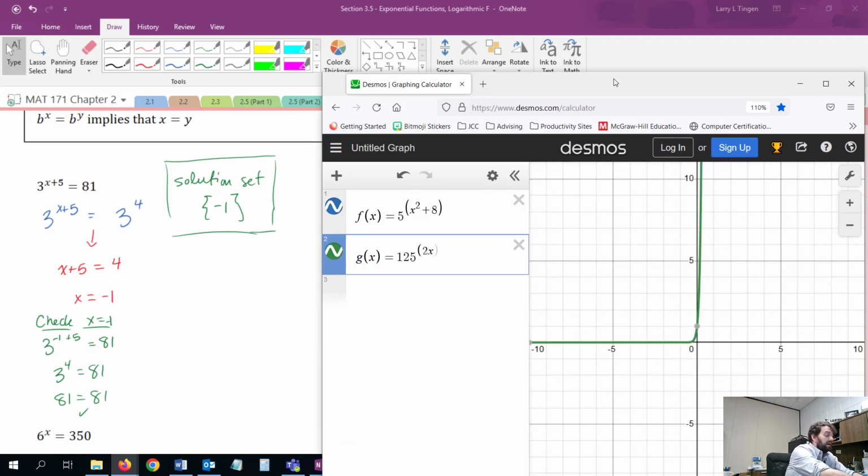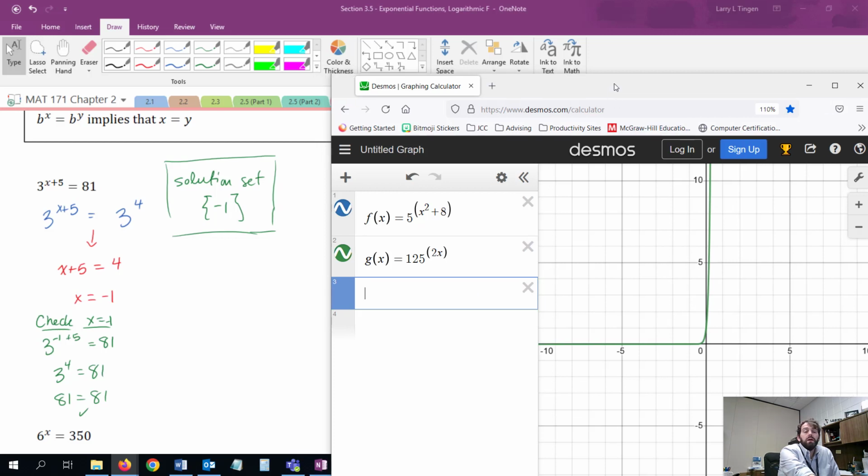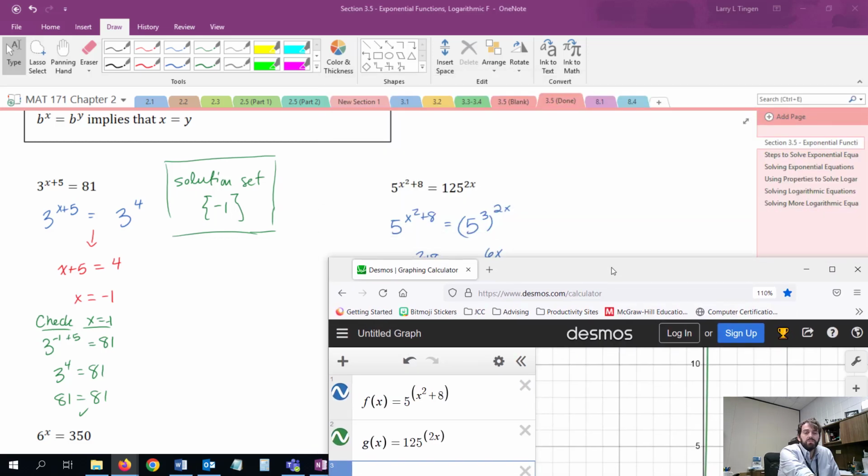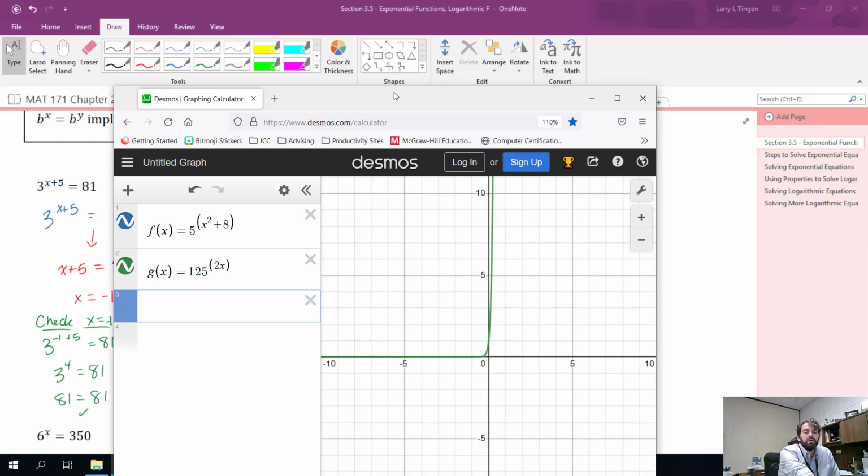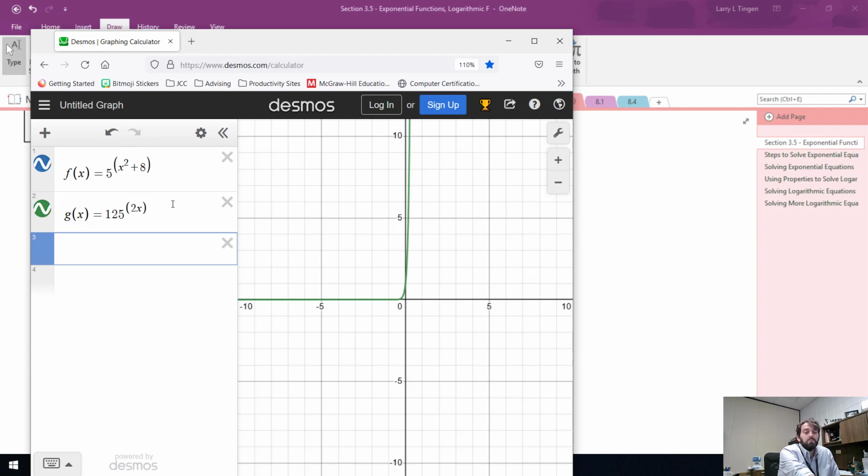They have added some feature in Desmos where if you don't put parentheses, if you have a second keystroke, it assumes you mean to go down. So that's why you see me do parentheses here. You may not have seen those before. Now, I know this checks if when I plug in my solution, f and g give me the same return, the same value.